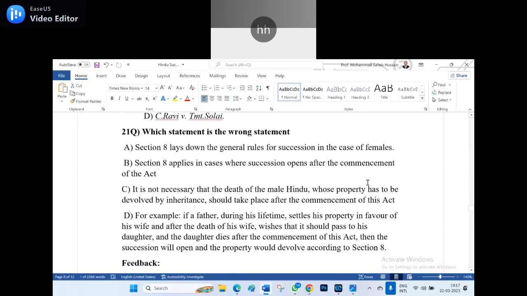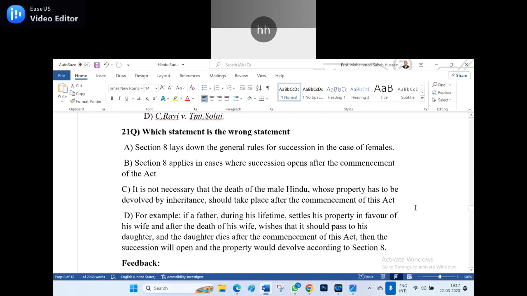21st question. Which statement is the wrong statement? Note the point. A. Section 8 lays down the general rules for succession in the case of females. B. Section 8 applies in the cases where the succession opens after the commencement of the act. C. It is not necessary that the death of the male Hindu whose property has to be devolved by inheritance should take place after the commencement of this act.